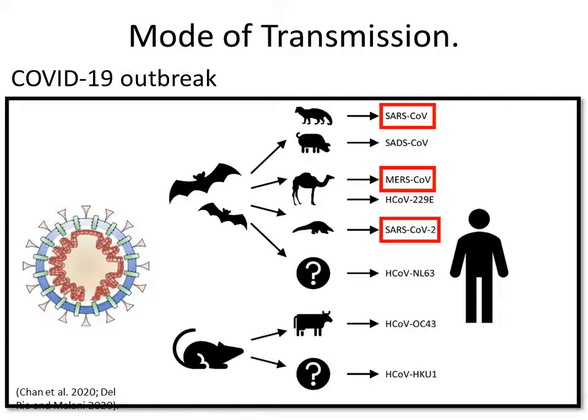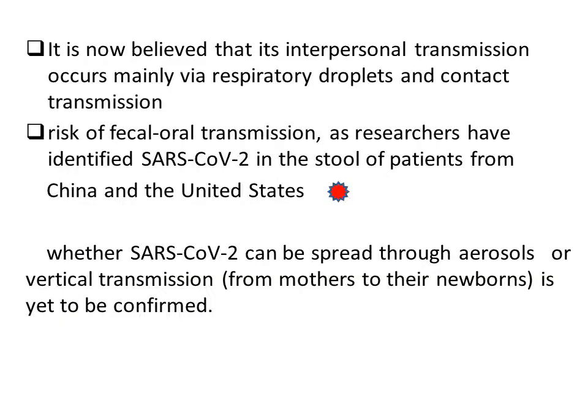Generally, the transmission started from animal to animal, while the outbreak happened when the transmission started from animal to human. And these are the types: SARS-CoV, MERS-CoV. It is believed that interpersonal transmission occurs mainly through respiratory droplets and contact transmission.